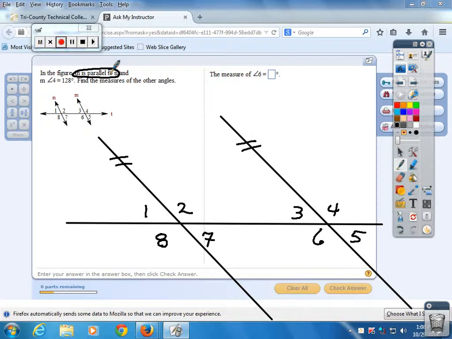The only angle they give us is the fourth angle, which is 128 degrees. So, right quick, what did I tell you about vertical angles? They're equal. So what's 6? 128 degrees. Exactly. So 6 is 128 degrees.